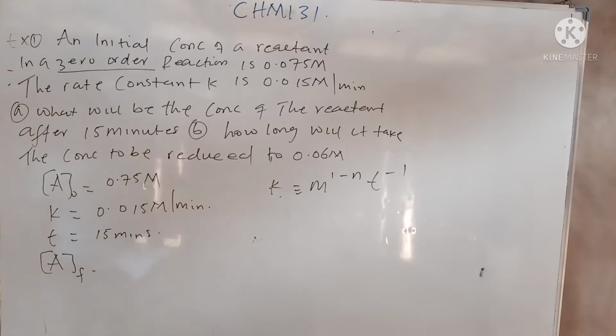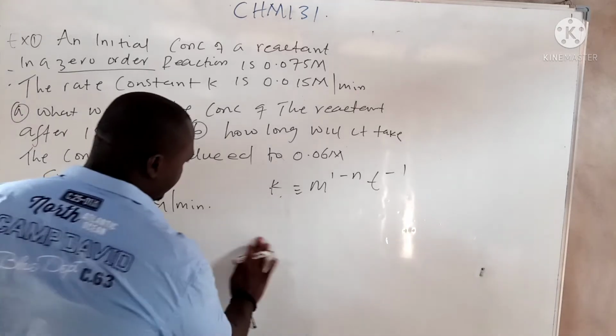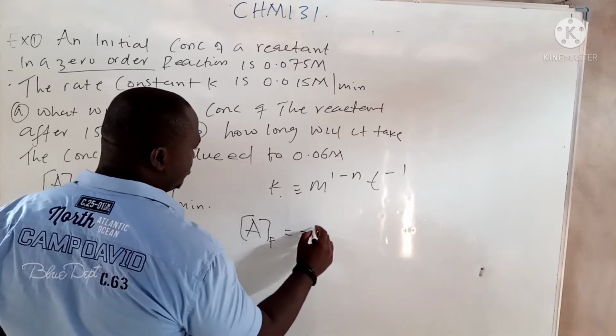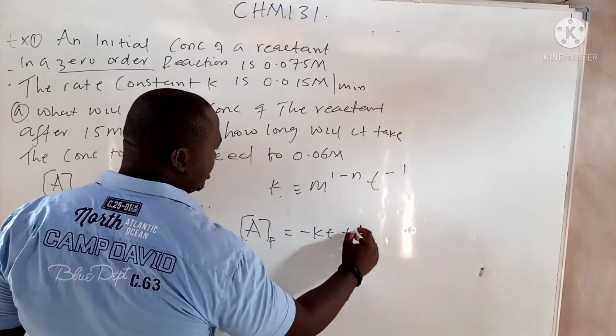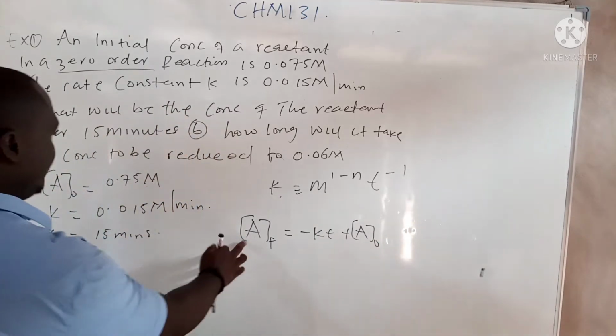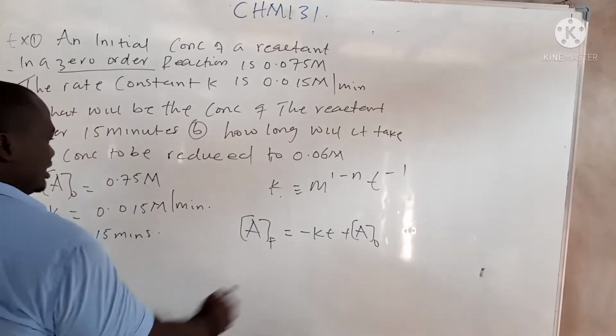That's what I was telling you. The integrated rate law for zero order, you just write it. From earlier we said that the final concentration is minus KT plus the initial concentration. Now they want us to find the final concentration, so all you need to do is plug the values in.